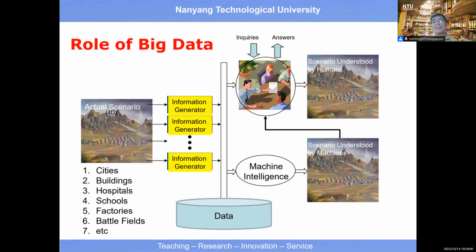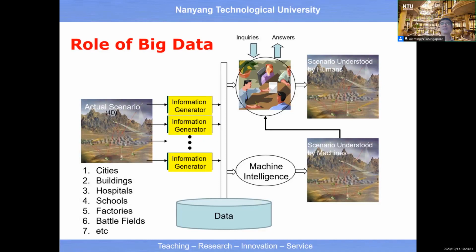Always try to think, when you see big data, behind the big data there must be a big system, right? And the big system may refer to a city, building, hospital, school, factory, or eventually the entire Earth, or the entire solar system or galaxy system, right?